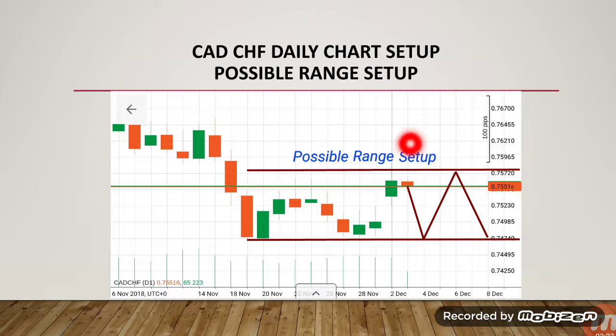And of course, after it does that, it will then continue to wave and move within the boundaries of resistance and support that would have been completed until the consolidation has been broken, either at resistance or below support.